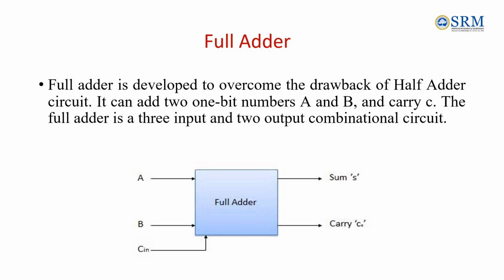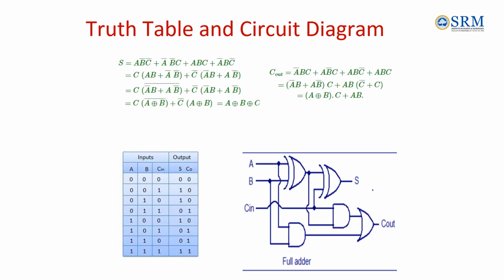Next is the full adder. A full adder is a three-input adder where A, B, and the carry input are there. But the outputs are sum and carry. So the sum part is nothing but A XOR B XOR C. If you look at this diagram, this is A XOR B, and this is XOR C. This generates the sum.